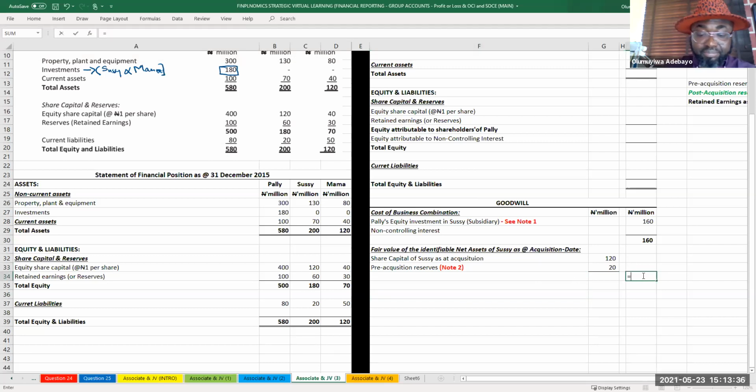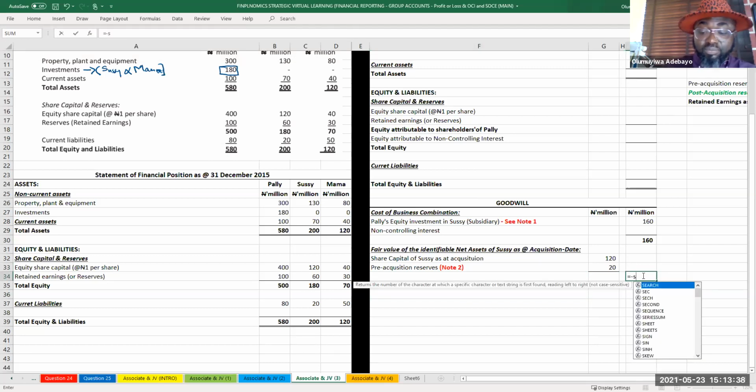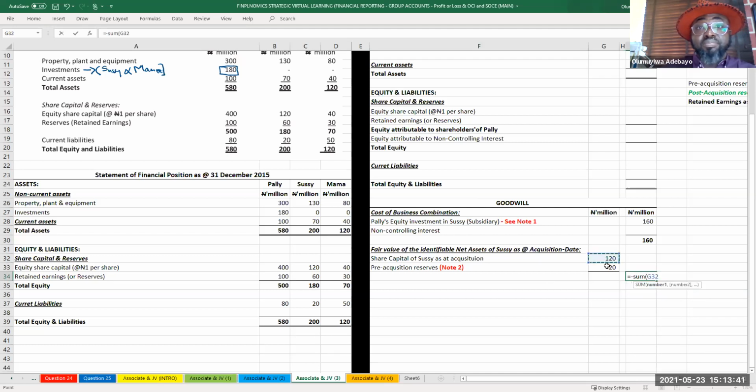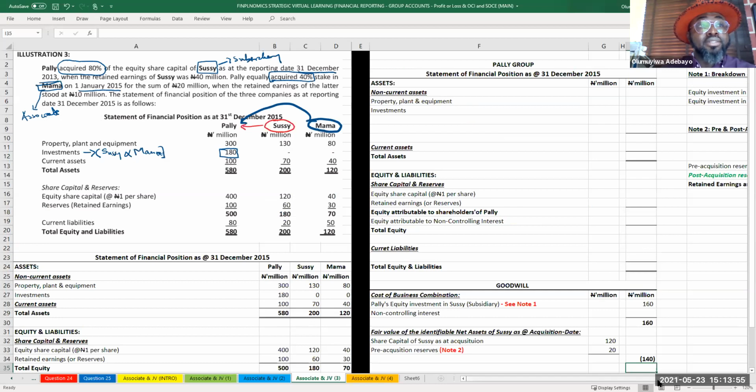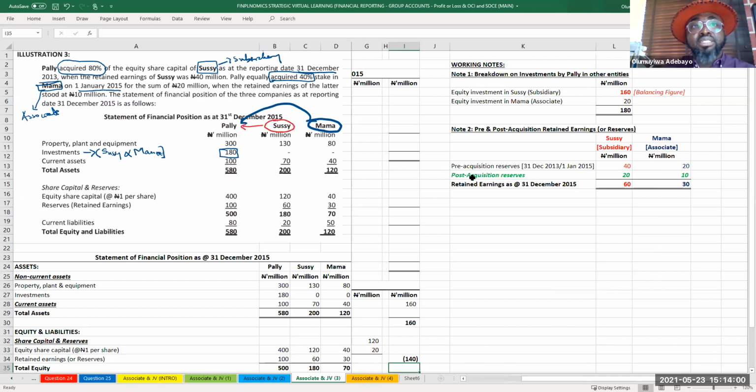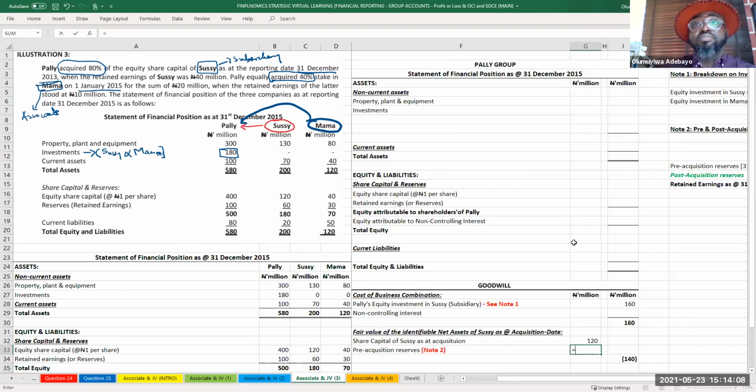Therefore, what do we have here? We sum this up. And we have this. Okay. Sorry, I'm linking it wrongly. Pre is 40. Pre is 40.